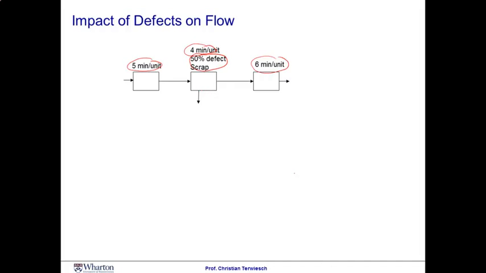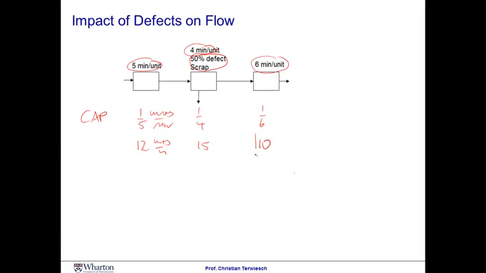Well, in the past we have done a rather naive analysis. We have looked at the capacity of the resources as simply 1 over 5 units per minute, 1 over 4 units per minute, and 1 over 6. We multiply this with 60 minutes in an hour, we get capacity of 12 units per hour, 15 units per hour, and 10 units per hour.